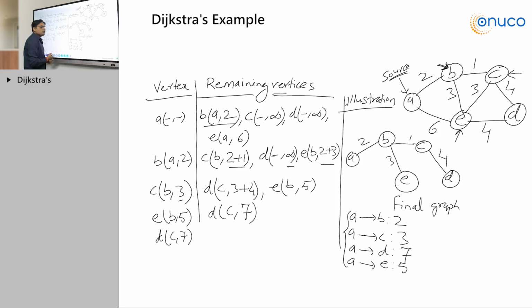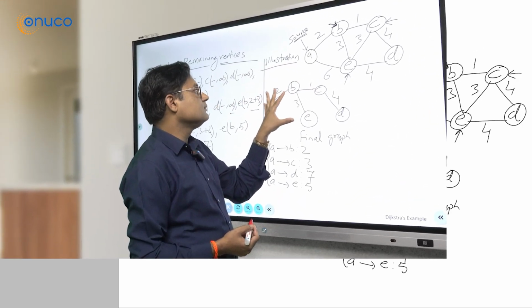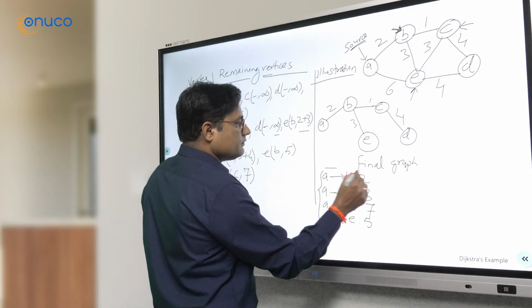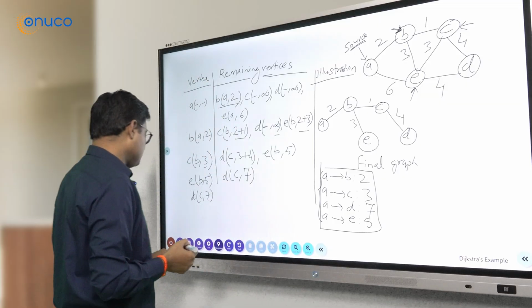If a person asks what is the sum or cost of these minimal spanning trees in this kind of graph like Dijkstra's algorithm, we are going to write the sum of all the values. 2 plus 3 is 5, plus 1 is 6, plus 4 is 10. 10 is the sum of this complete path. Otherwise, this is your final answer for Dijkstra single source shortest path.